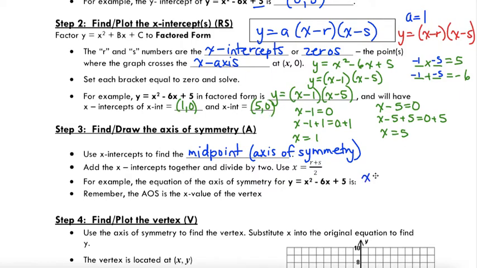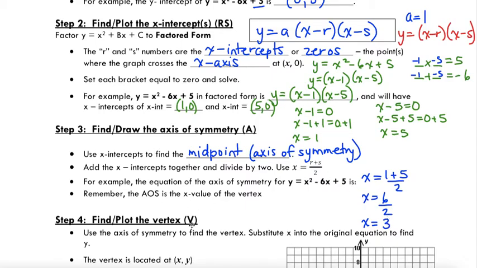So my equation of the axis of symmetry will be x equals (1 plus 5) divided by 2. 1 plus 5 is 6, and 6 divided by 2 is 3. So the equation of my axis of symmetry is x equals 3, which means the x value of my vertex is 3. So that's important to know as well.